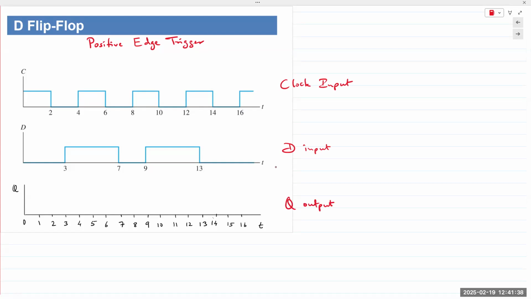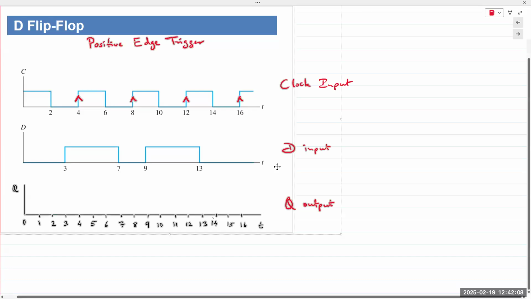In the previous timing diagram, we identified the areas where the clock was 1 or 0. Here, we are told that the D flip-flop is a positive edge triggered flip-flop. So we need to identify all the areas where a positive transition occurs. Positive transition occurs right here. Positive transition occurs right there.